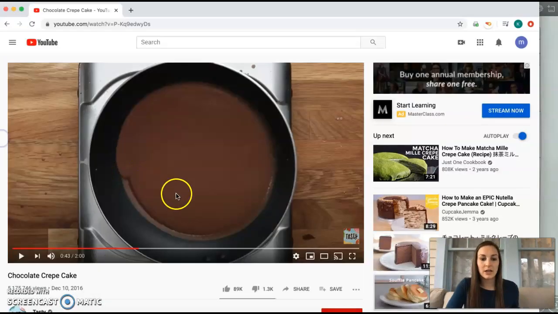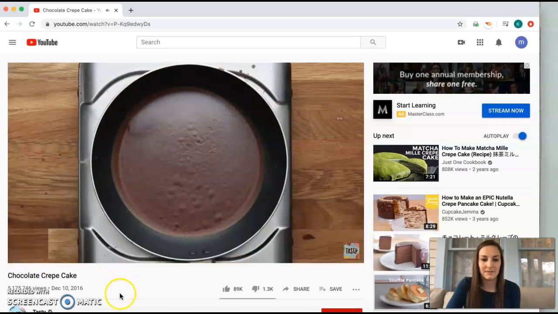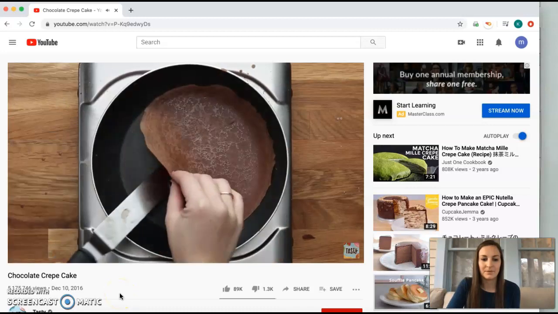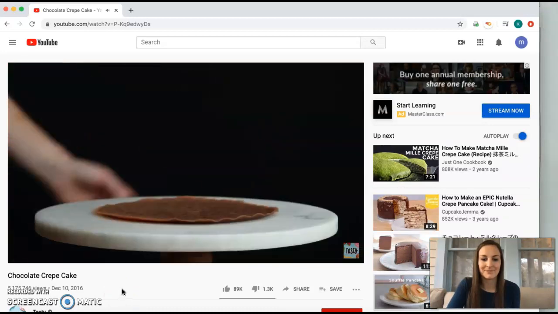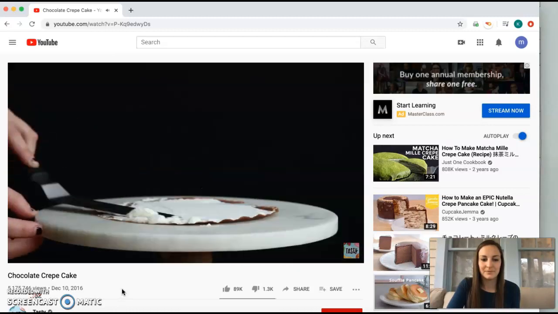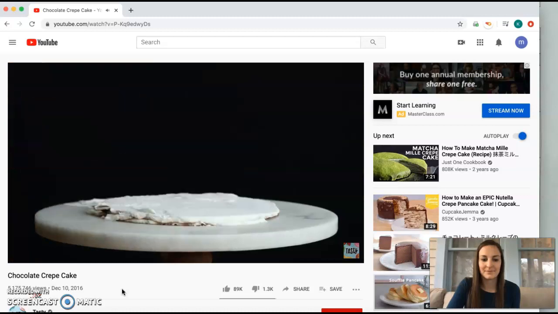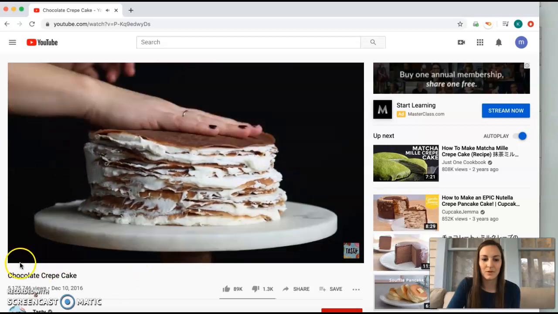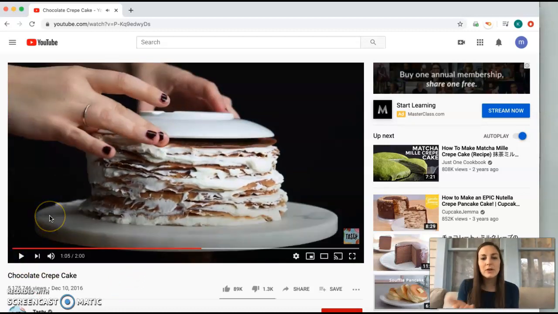So let's take a look here at an example with some crepes. Okay, so what do you think is the relationship between finding the area of one crepe and then finding the total volume of the cake?